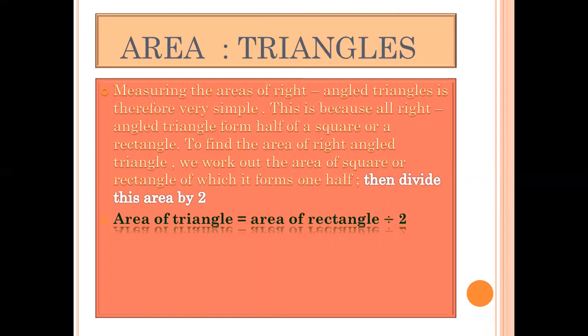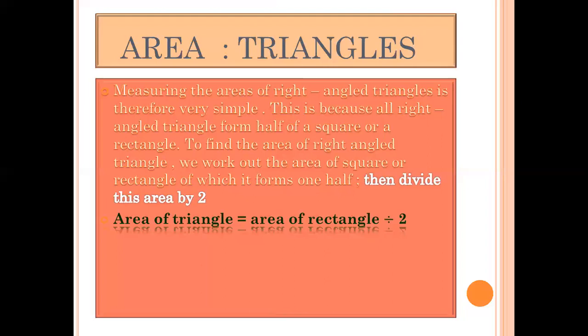This is because all right angle triangles form half of a square or a rectangle. To find the area of the triangle, we work out the area of the square or rectangle of which it forms half, then divide this area by 2.